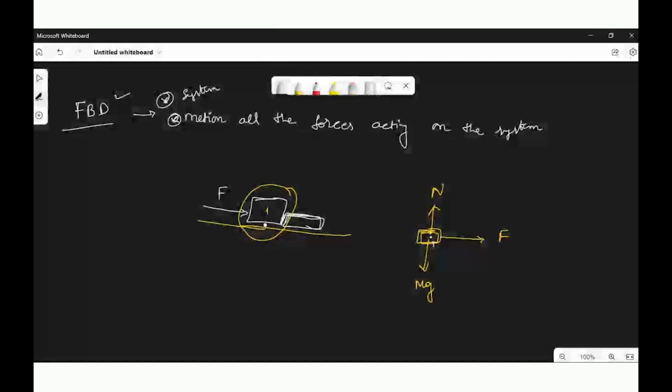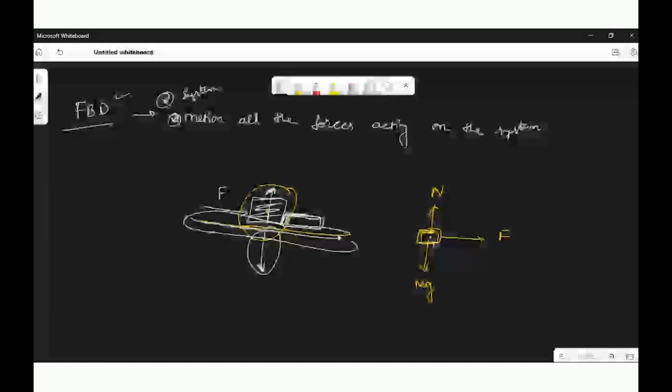The normal reaction acted on this body is upward, but equally it will also give a normal reaction on the other body, acting downward, but we will not consider this when I am interested in this particular block. Now if the second block is my system, I have to show only this downward normal reaction. Now coming to the second block, what are all the forces acting on it?